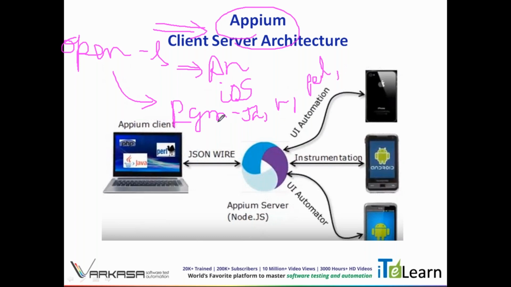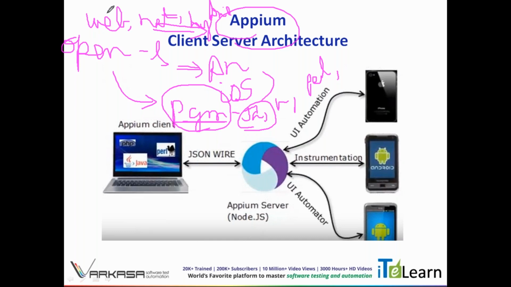Whatever programming language you are comfortable with, you can start scripting your automation code with it along with Appium. And it supports automation on all applications like web apps, native apps, hybrid apps, and so on. I hope you already have an idea regarding these applications that I am mentioning now.